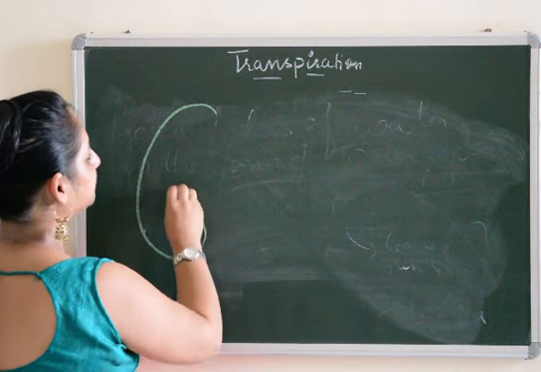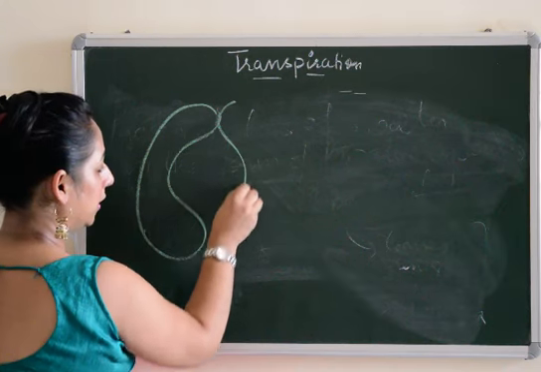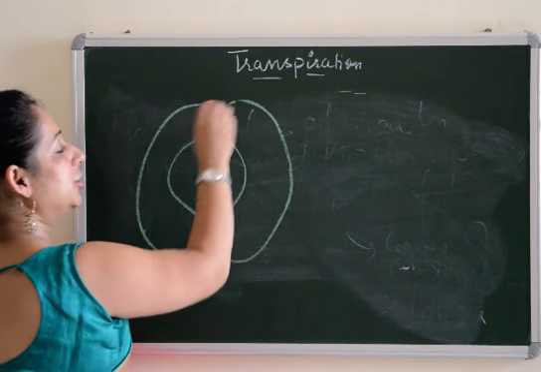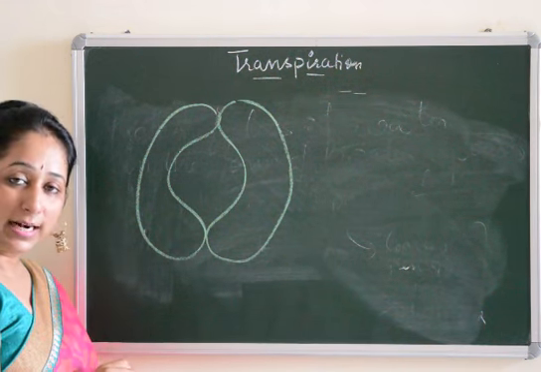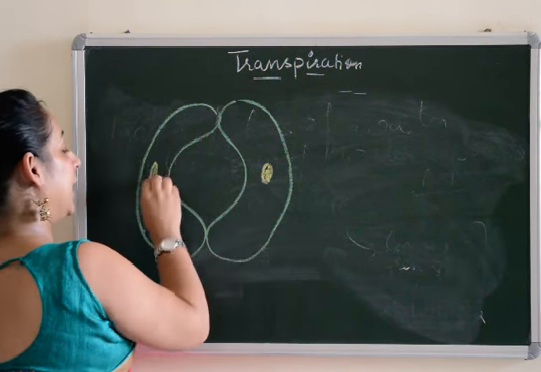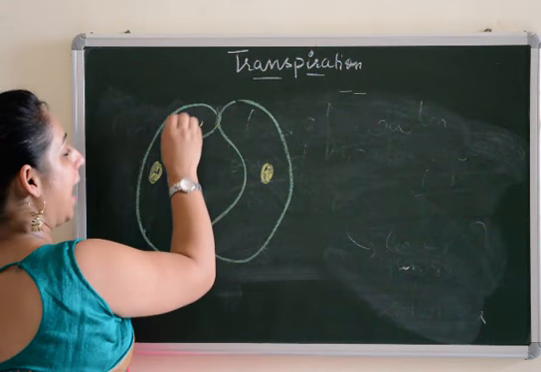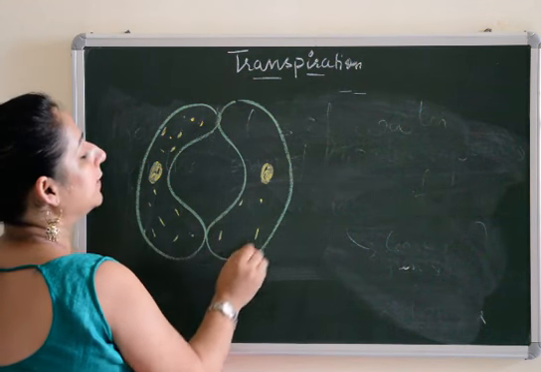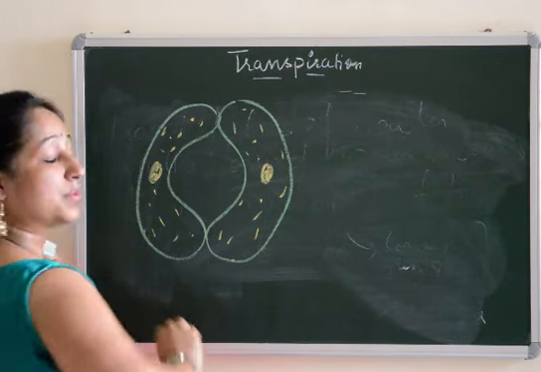Stomata is a structure which has two kidney shaped guard cells present around it. In these guard cells, a centrally placed nucleus is there, and there are many chloroplasts present in them.